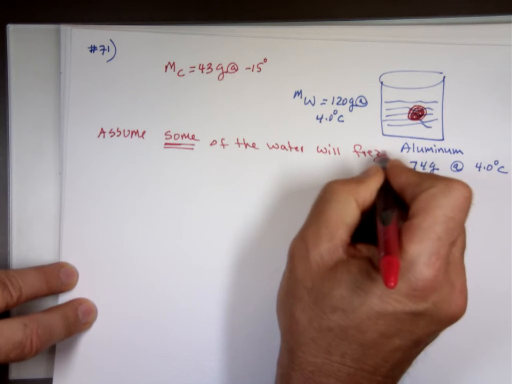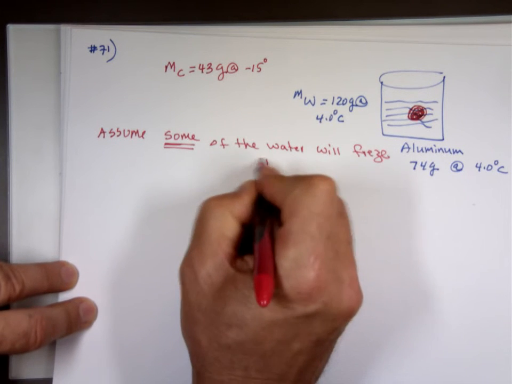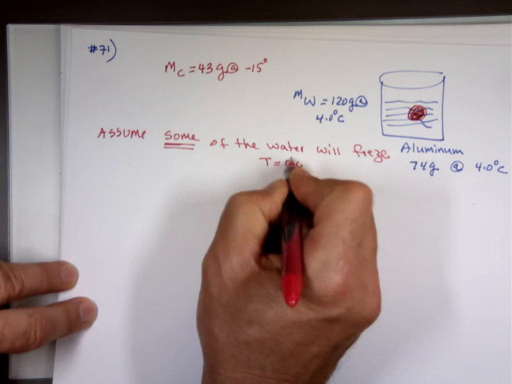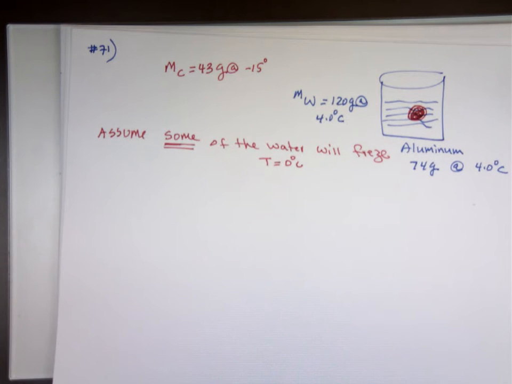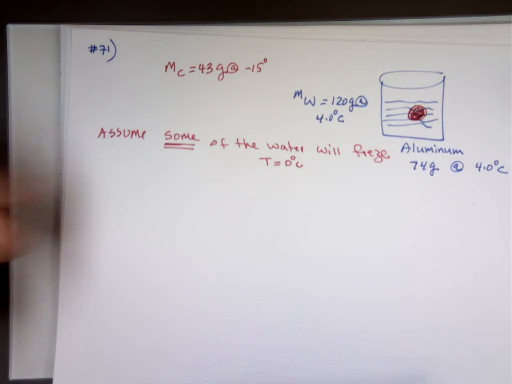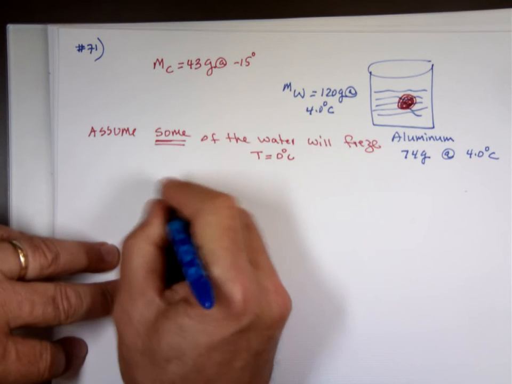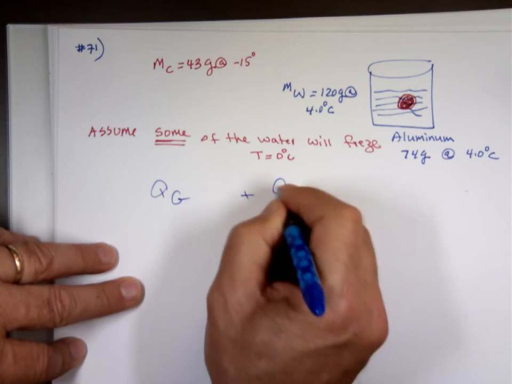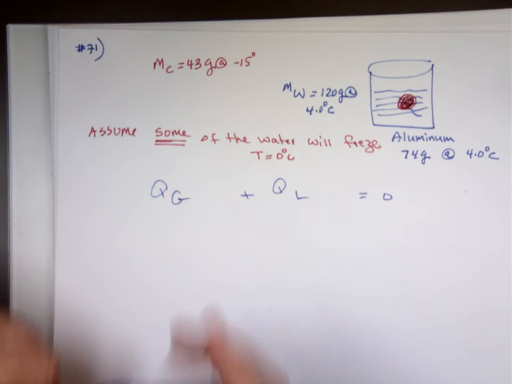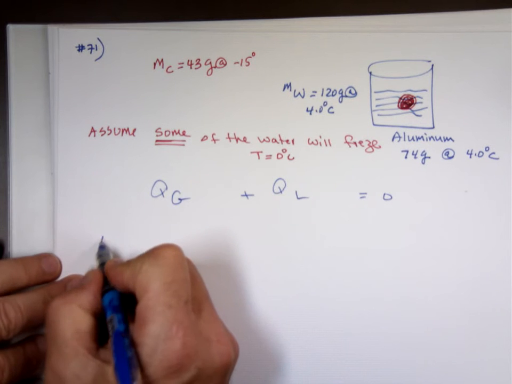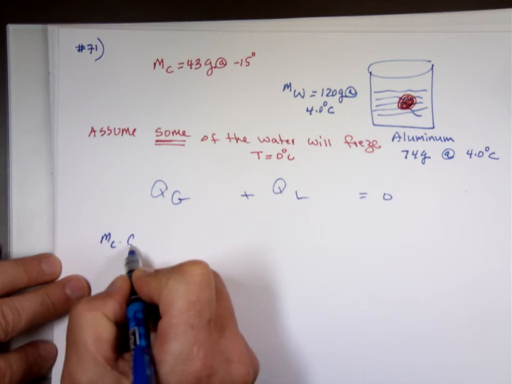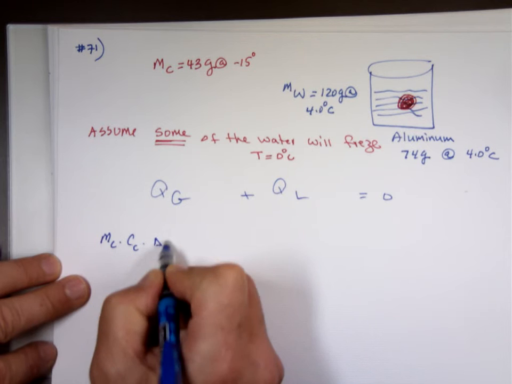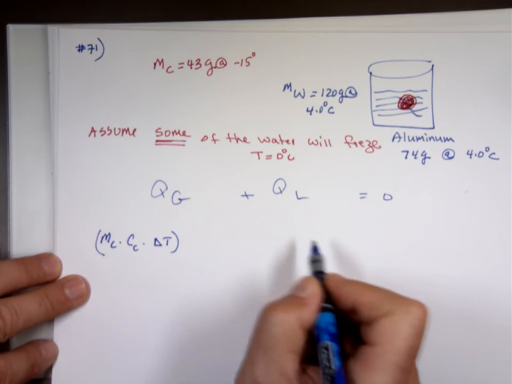That means if some will freeze, final temperature is going to be 0 degrees Celsius. Who's going to gain is the copper. It's the mass of the copper, C of the copper, times the change in temperature. Who's going to lose?